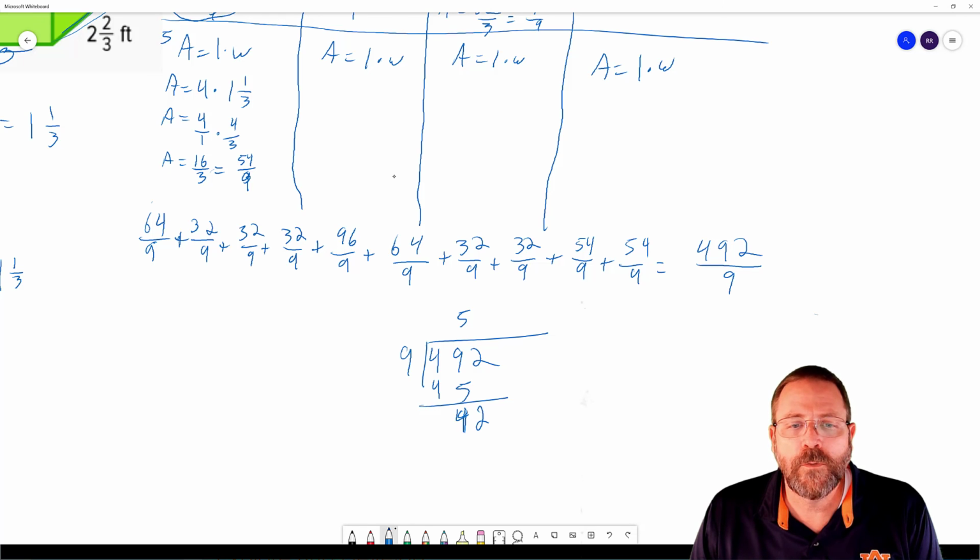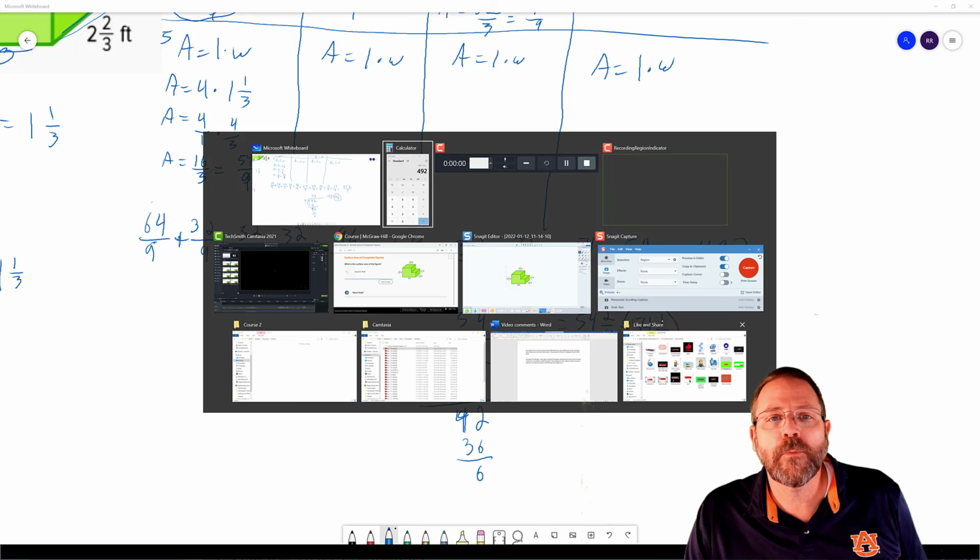Bring down your 2. 9 goes into 42 4 times. 4 times 9 is 36 with 6 left over. And that means my answer is going to become 54 2/6, also known as 54 1/3. Let's see if that's what they came up with.